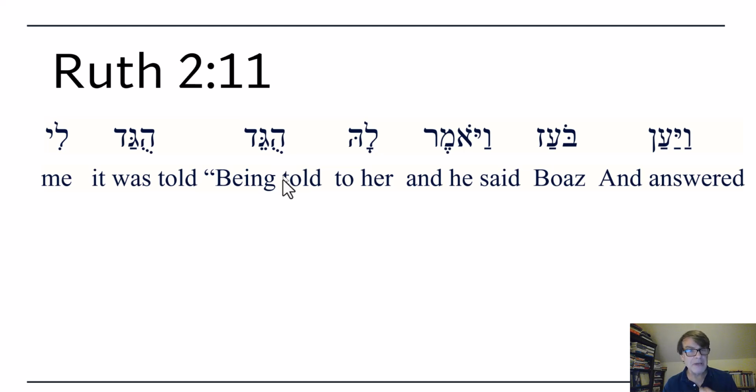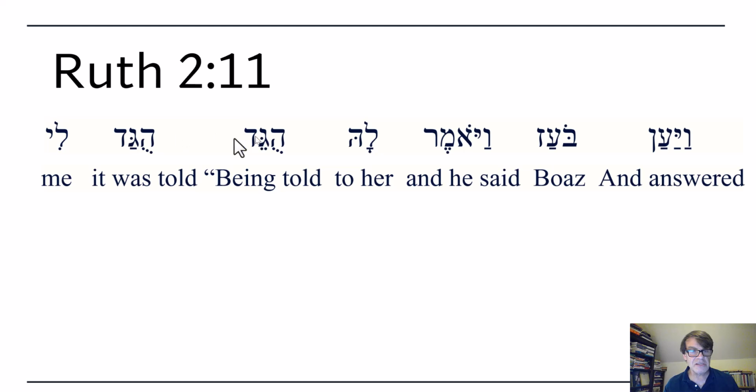We usually get some kind of a U or O after the performative when it's a passive. So the G passive has a shureq after it. The Pual or the Hophal with an O. Anyway, so that's a hint that you might be looking at a passive.